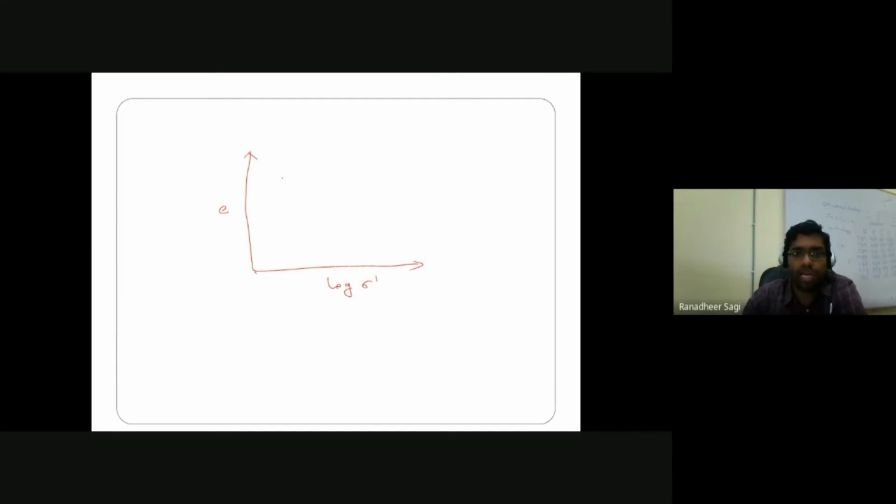Let's say I've got some curve like this. I'm not looking at the numbers, I'm just roughly telling you how we are required to solve the problem. After plotting the 6 points, I join all of them by a smooth curve. This is the first part of the question: you are asked to plot that graph between e versus log sigma dash.